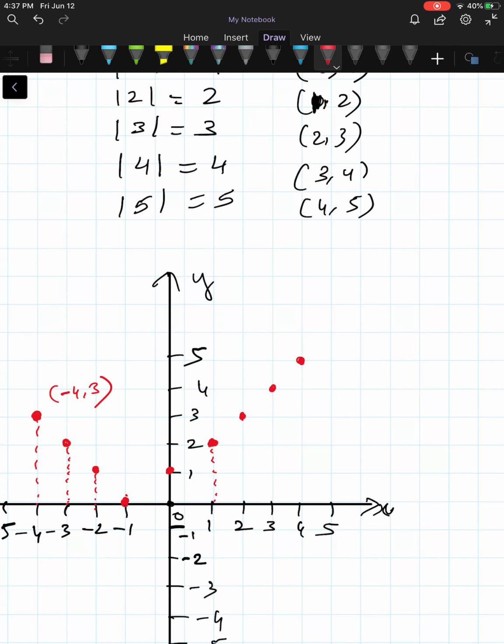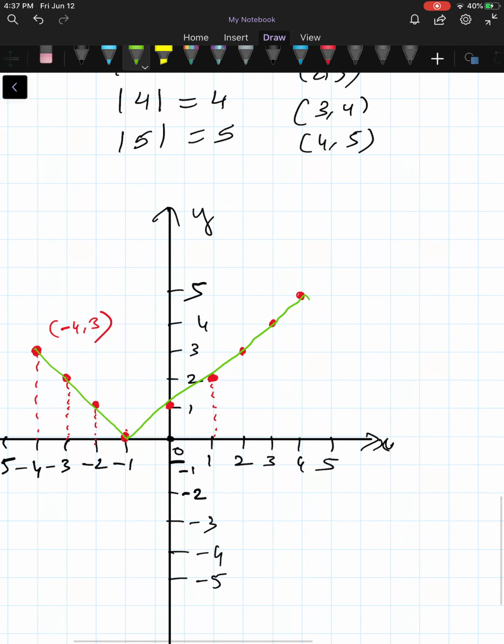So now connecting all the points, the graph looks like this. So this is the absolute value graph, shifted one step away from the origin. So this is how the particular graph looks like for the given equation.